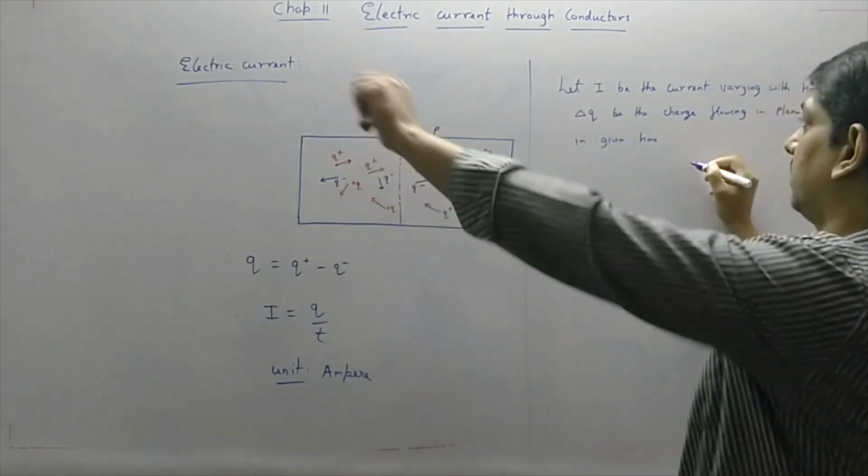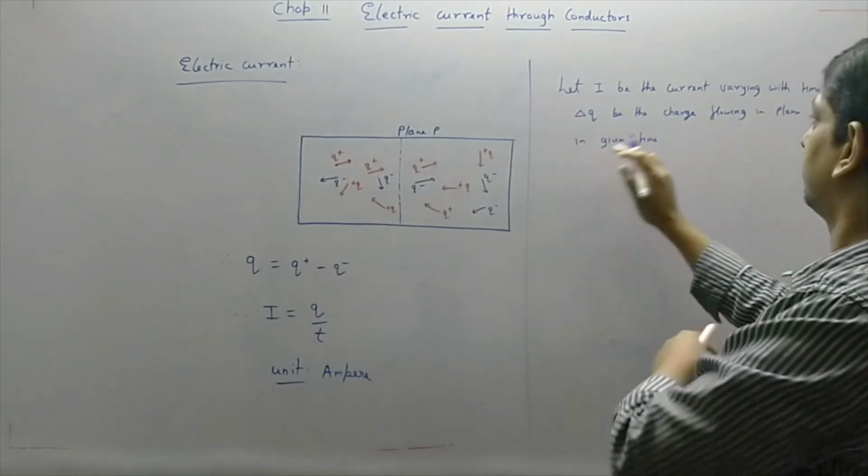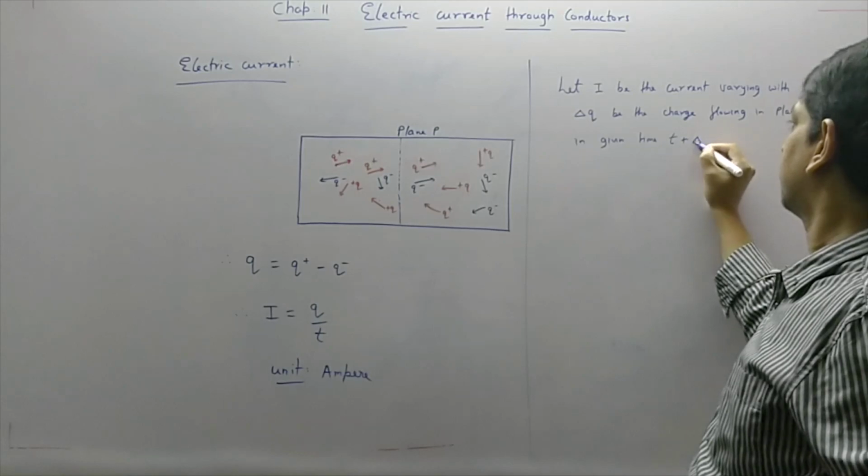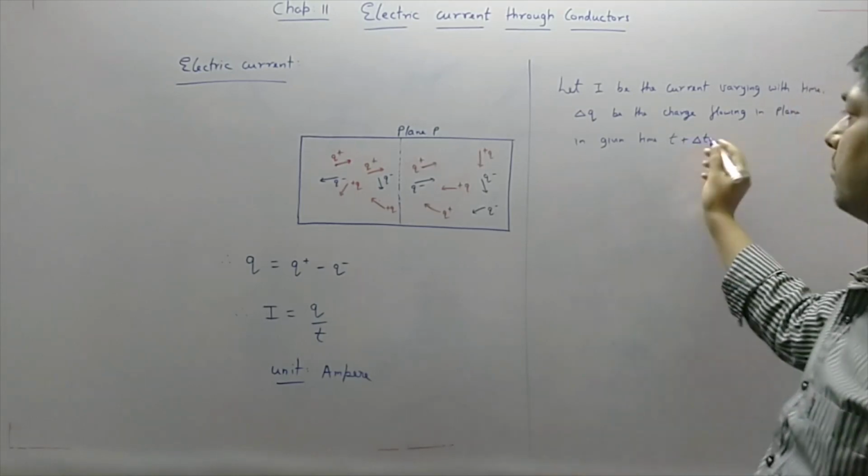Delta Q, the net charge flowing in this plane P, in a given time T to T plus delta T, in a very short time, from T to T plus delta T.